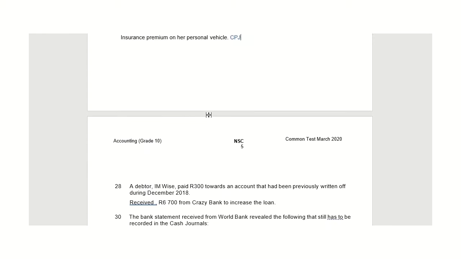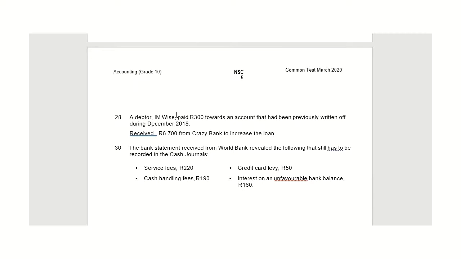Let's see the next one. On the 28th, a debtor paid 300 towards an account that had been previously written off. Now be careful again, read carefully. A debtor, somebody else, paid us. The word paid doesn't mean that we paid. He's paying us.